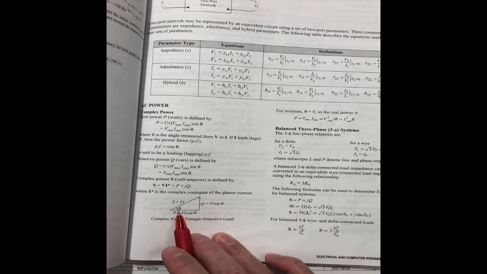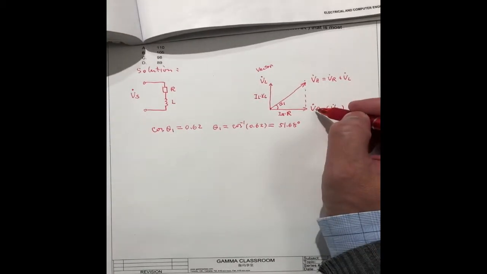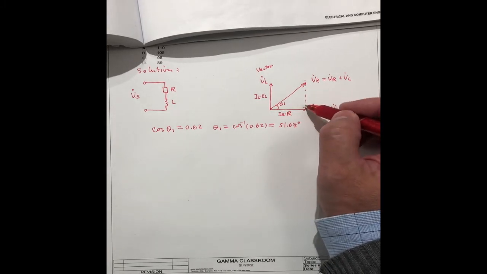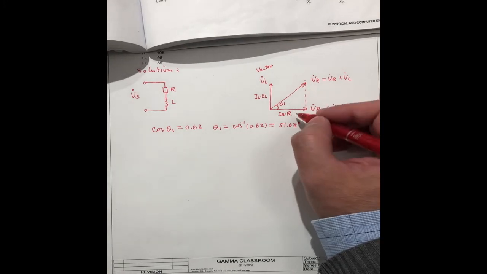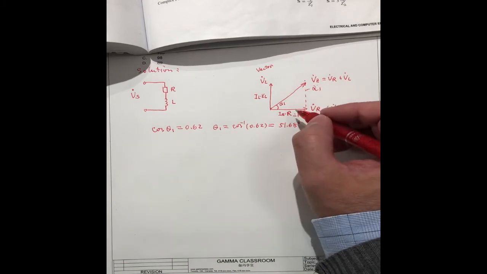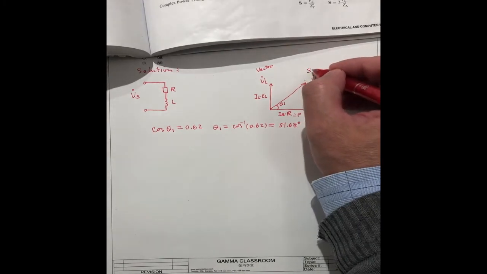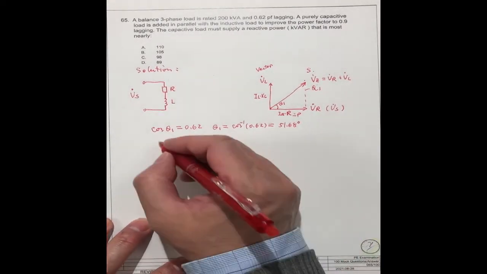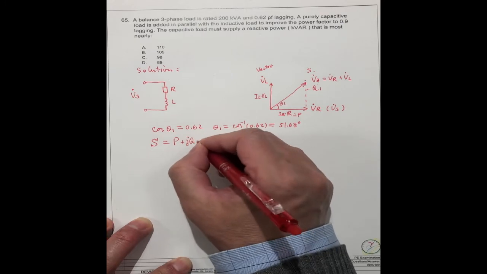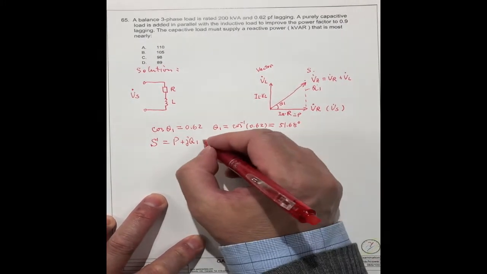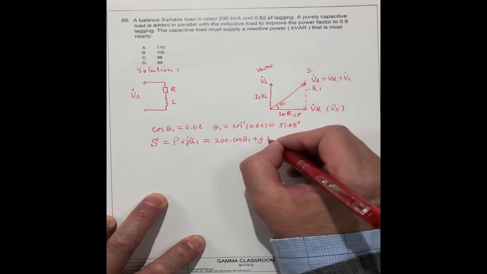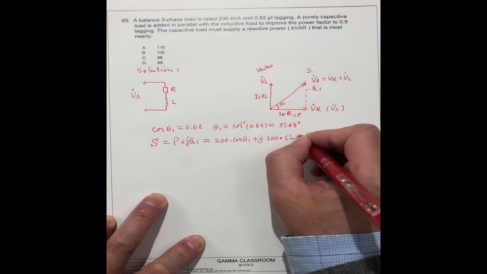The theta is the same, because here we talk about the voltage and current relationship, and it's exactly the same for real power and reactive power. So we can write this power as S1 equals P plus jQ1, which is 200 times cosine theta 1 plus j 200 times sine theta 1.